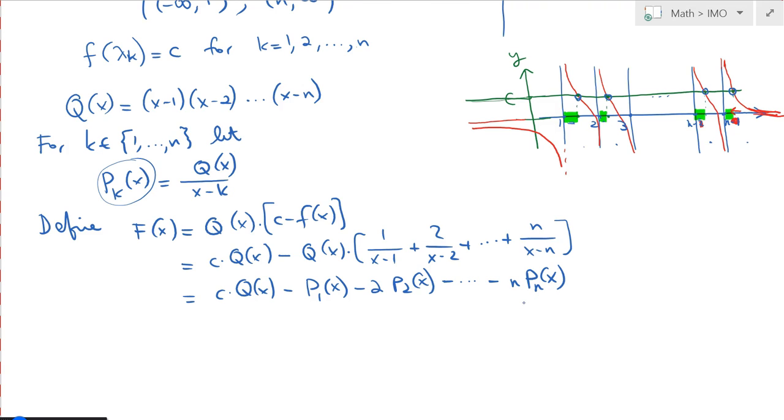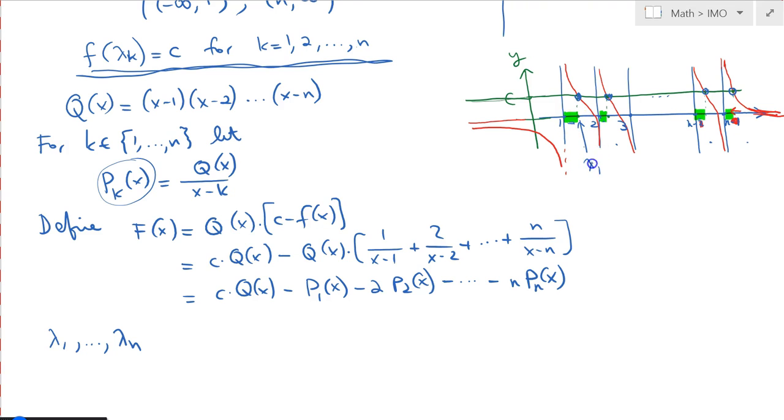We know that each of the numbers lambda 1 all the way to lambda n are the roots. Recall how we defined those intersection points on the graph.